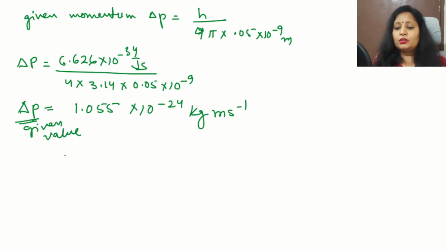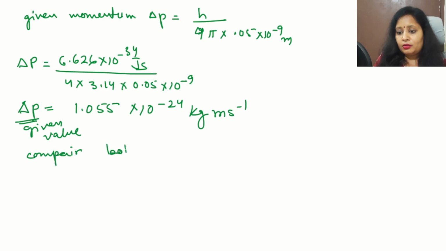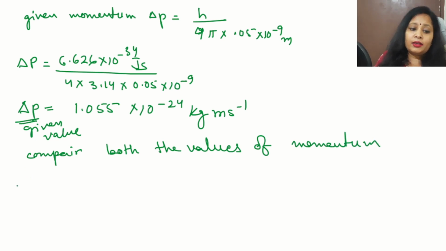When we compare the given value with the calculated value, we find that the given value, which is 1.055 into 10 to the power minus 24, is smaller than the calculated value of uncertainty. So we cannot define the values in this case.